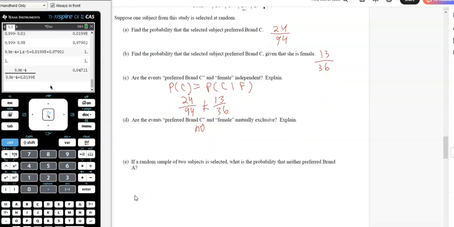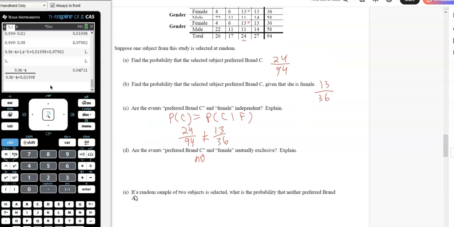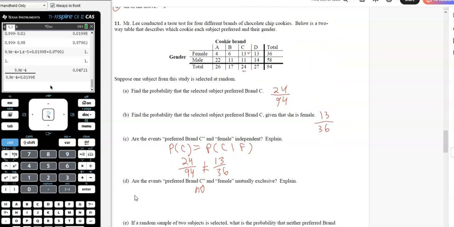If a random sample of 2 subjects is selected, what is the probability that neither preferred brand A? So I want to pick 2 individuals. I'm going to multiply these 2. Okay, so the first subject did not prefer brand A, so that would be 17 plus 24 plus 27.